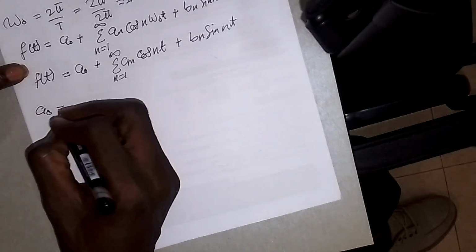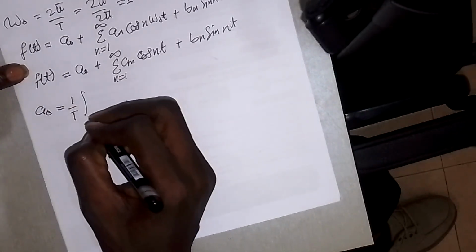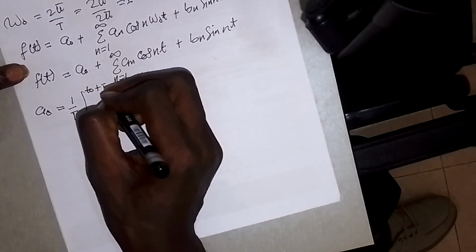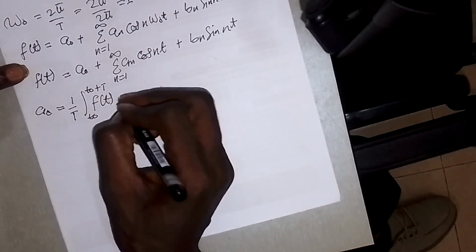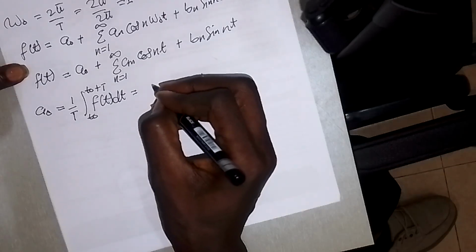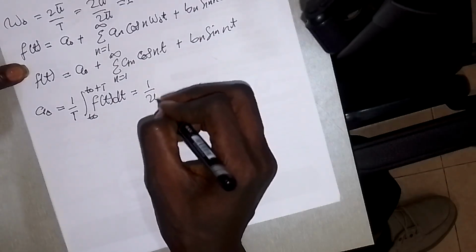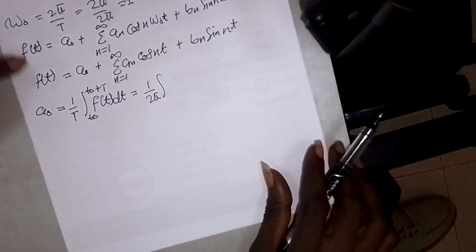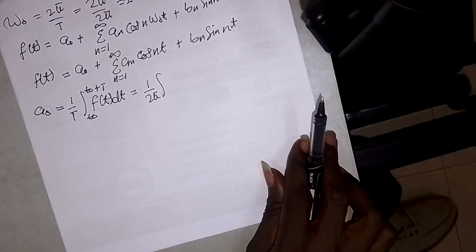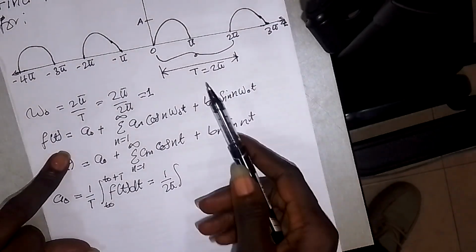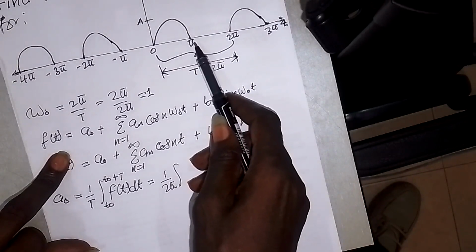A naught equals 1 over T times the integral from t naught to t naught plus T of f of t dt, which is equal to 1 over 2 pi times, you see, here our waves are occurring from 0 to pi.